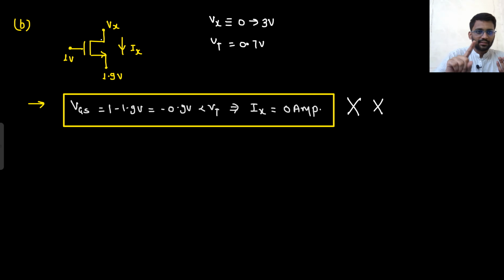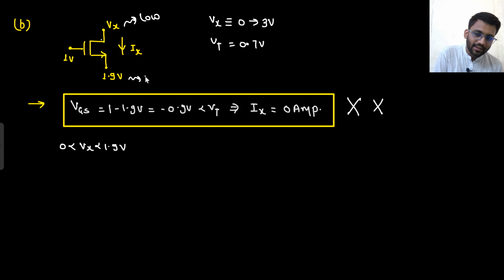Some equations and this thing. This is a very important thing. A lot of teachers don't teach this, and in the examination, if they ask this kind of question, you will be messing it up. You are sweeping your Vx value from 0 to 3 volt. If your Vx value is from 0 to 1.9 volt, what will happen? This potential will be low, right?